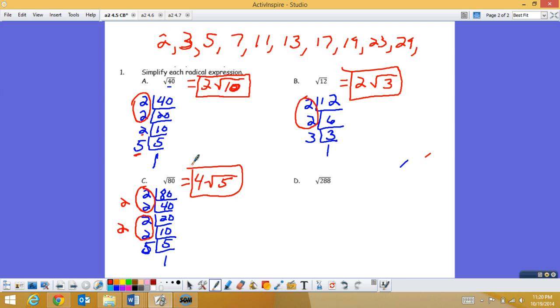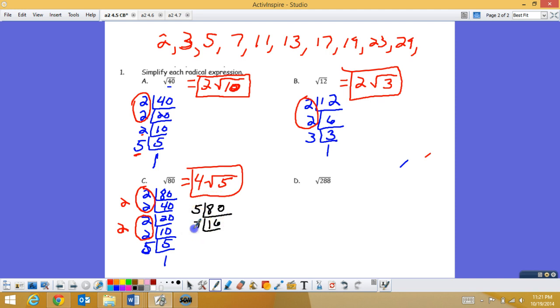Now, other people, unlike me, where I just keep dividing by 2 till it's no longer even, some people actually prefer to knock down the number a little bit quicker. So they see that this ends in 0, so they know that it is divisible by 5. So they'll divide that by 5, and it goes in 16 times.